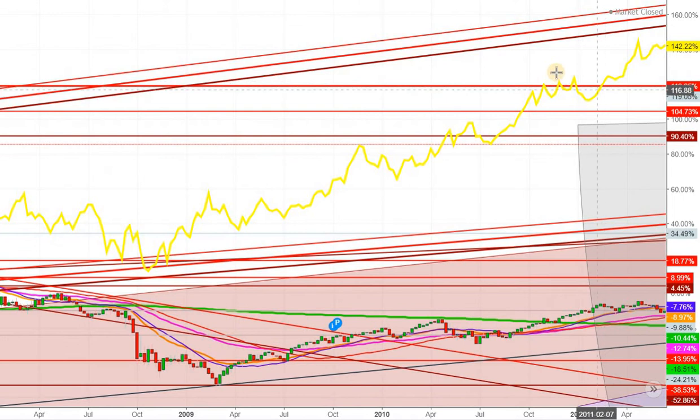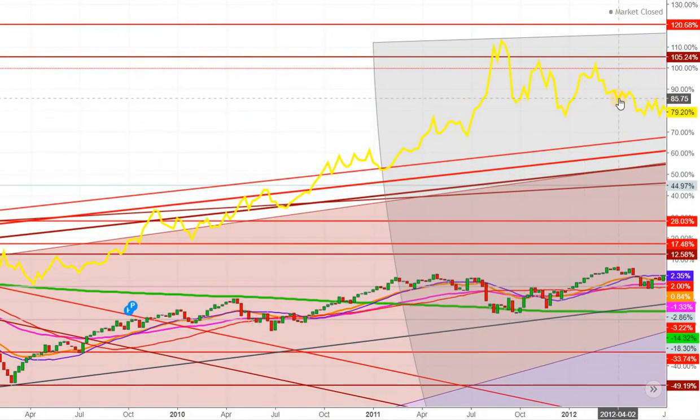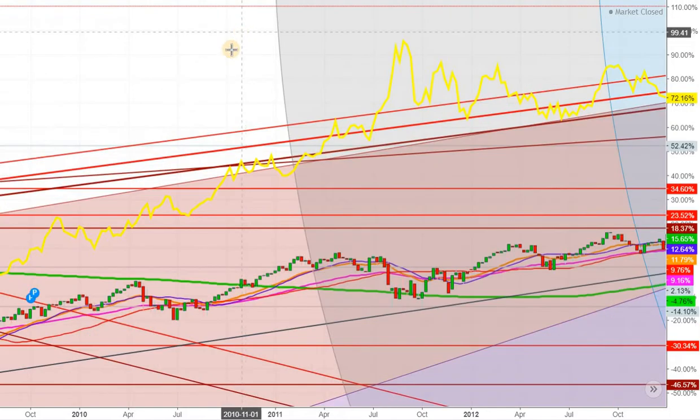In the year 2011, we witnessed a good upward move in gold futures because people were running for safe haven as well as the markets were going upward.